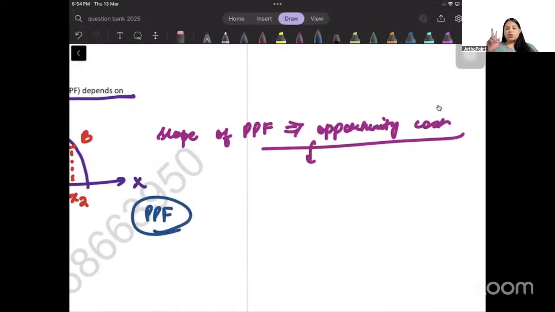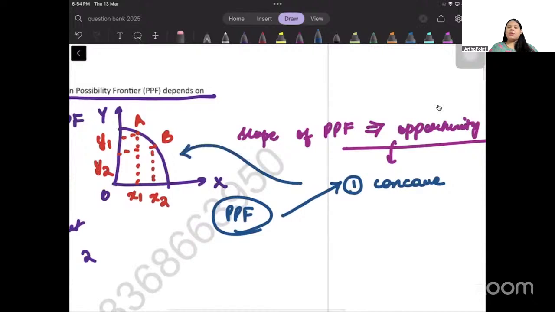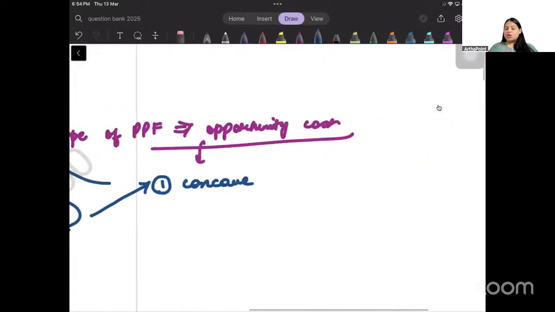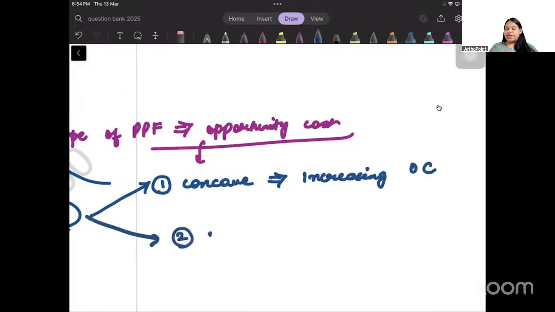Now in the PPF we have to remember two things. The first is that if my PPF is concave, like this, it means that I have increasing opportunity cost. And if my PPF is a straight line, it means I have constant opportunity cost.